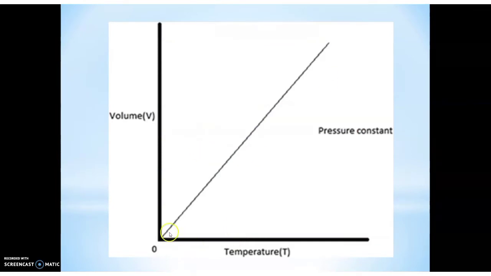In this graph, pressure is constant, hence this graph is known as an isobar. In Boyle's law, we have seen that temperature is constant, so it is known as an isotherm. If pressure is constant, we call it an isobar. If volume is constant, we call it an isochore.